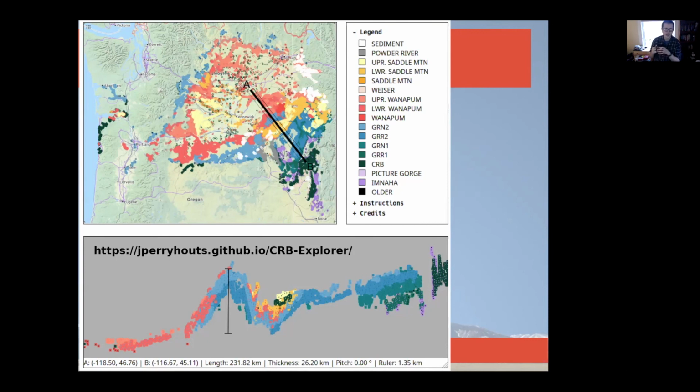And if you look at cross sections across the Pacific Northwest, the Columbia River flood basalts, which are Miocene flood basalts that were presumably deposited flat between about 17 and 9 million years ago, you can see lots of subsequent deformation in those basalts.